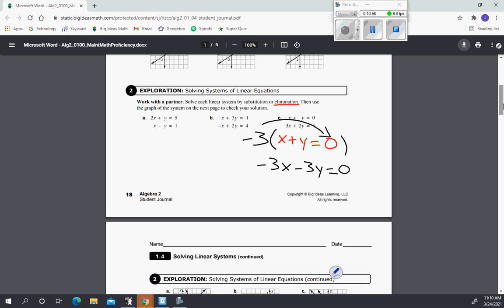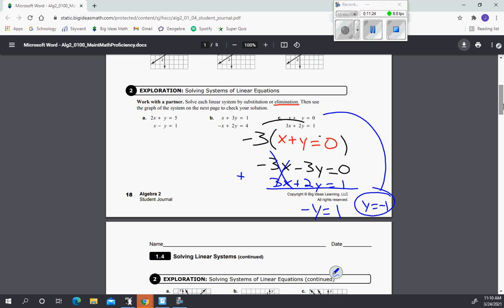And then I'm going to take that other equation, 3x plus 2y equals 1. Now we're going to add those together. What did I just do? I eliminated the x. Negative 3y plus 2y is negative y equals 0 plus 1, 1. y equals negative 1.